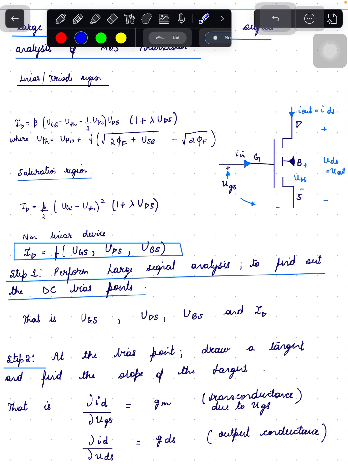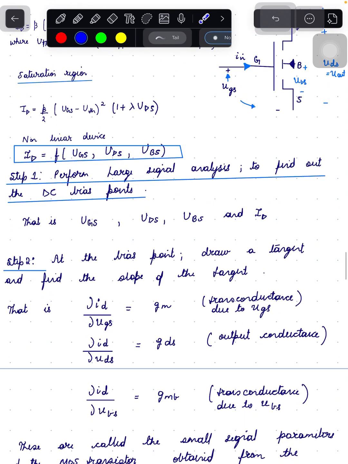Step 1 is to perform the large signal analysis to find out the DC bias points, that is UGS, UDS, UBS and ID. Step 2 is, at the bias point, draw a tangent and find the slope of the tangent, from which we obtain the small signal parameters, that is GM, which equals dou ID by dou UGS, GDS, that is dou ID by dou UDS, which is nothing but the output conductance, GMB, that is dou ID by dou UBS, which is the transconductance due to UBS.